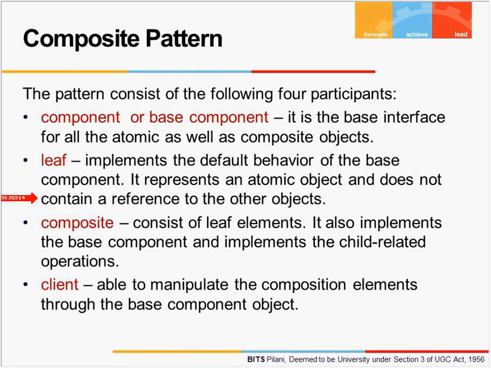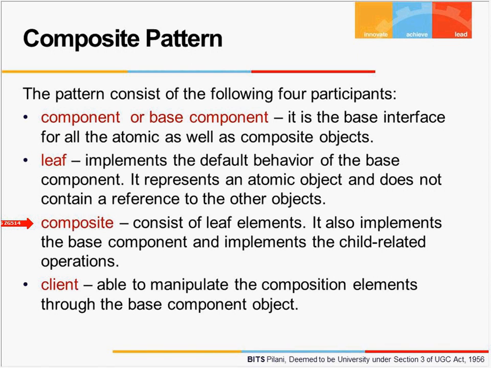The third important participant in the composite pattern is the composite component, right? This composite component consists of leaf elements as well as other composite elements. I've just written leaf elements, but it can consist of other composite elements as well, right?